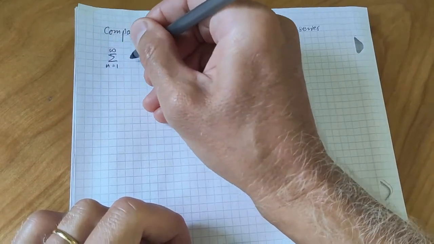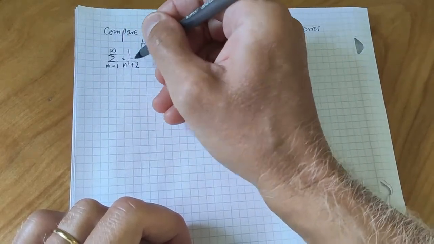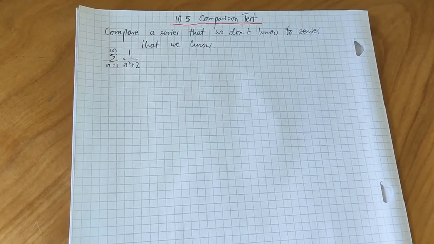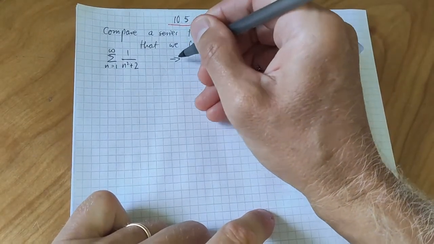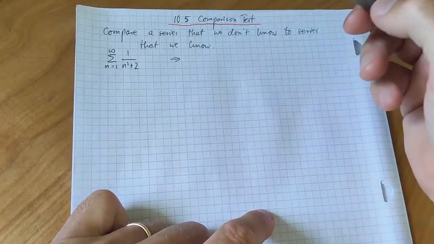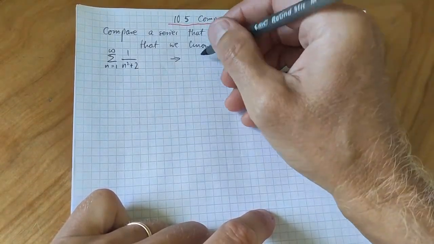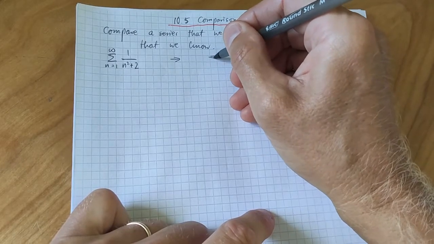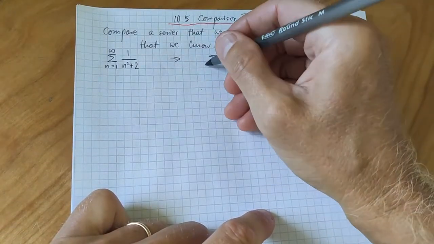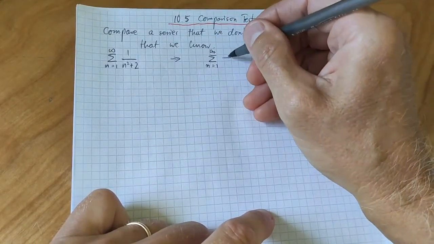In this example, I have 1 over n squared plus 2. I need to decide whether this converges or diverges. The first step is to pick a series that is the essence of this one. Most of the time we'll simply ignore the numbers. So I have 1 over n squared plus 2, and what I will pick as my series that I know is 1 over n squared.